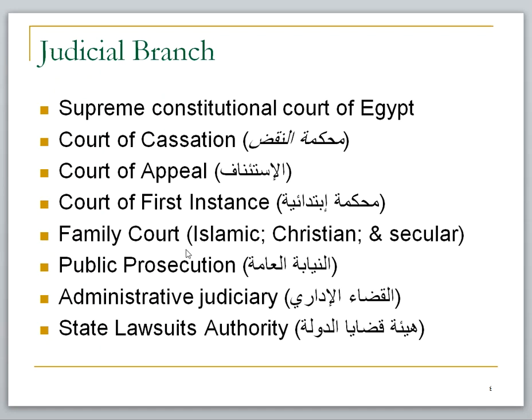I thought that in this chapter we need the Arabic names beside introducing the principles in English. Family court اللي هي محكمة الأسرة, Islamic, Christian and secular اللي هم بلا ديانة يعني, public prosecution اللي هي النيابة العامة, administrative judiciary اللي هو القضاء الإداري, state lawsuits authority اللي هي هيئة قضايا الدولة.